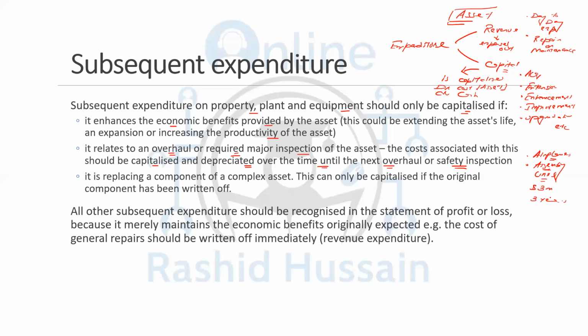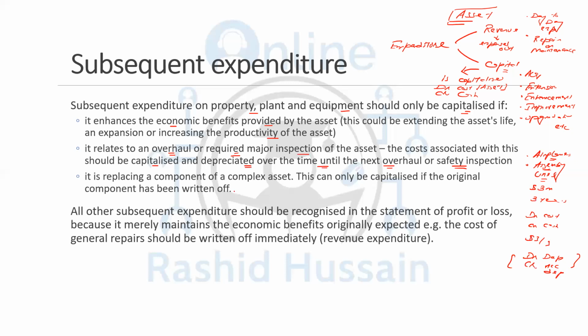Initially you are going to capitalize this amount. The entry is going to be debit cost of the asset, credit cash, and then it is going to be depreciated, $3 divided by 3. Every year we're going to depreciate it. So debit depreciation and credit accumulated depreciation, which is the double entry to record the depreciation.